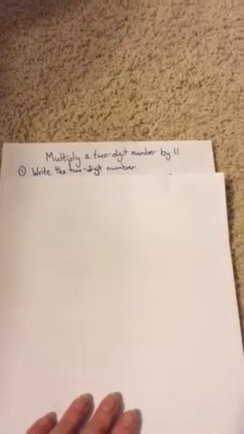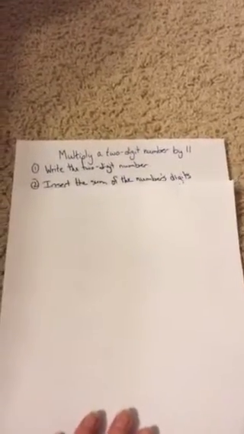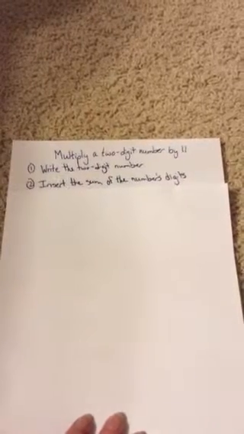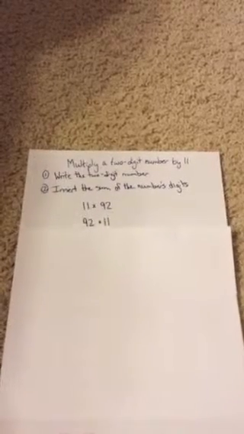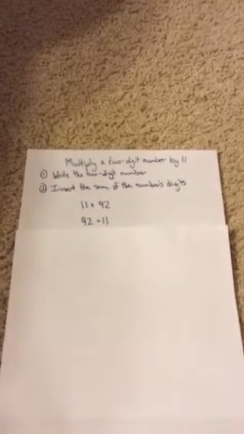Last example type is to multiply a 2-digit number by 11. Okay, first we're going to write the 2-digit number. We're going to leave some space in between those 2 digits. Then we're going to insert the sum of the number's digits, which means we're going to take those 2 digits and add them together and write it in the middle. So we have the example 11 times 92, which can be written as 92 times 11. So we're going to take the 9 and the 2 and write them down and leave a space in between.